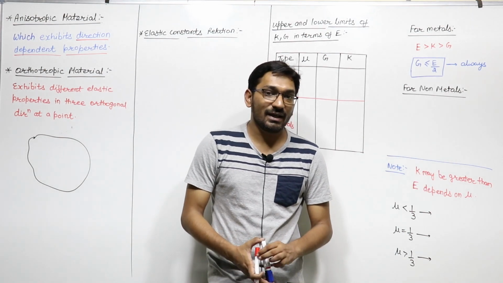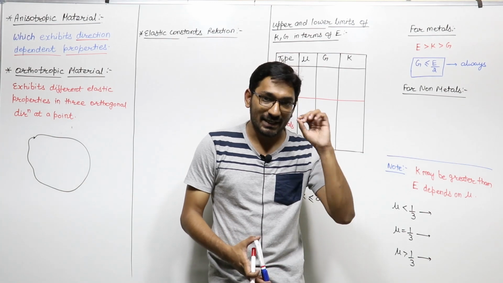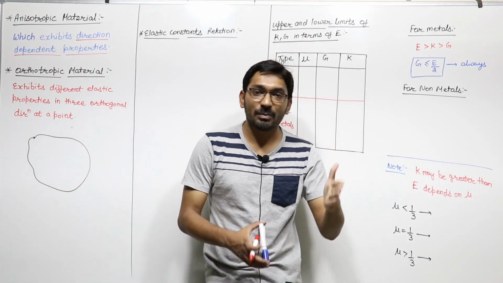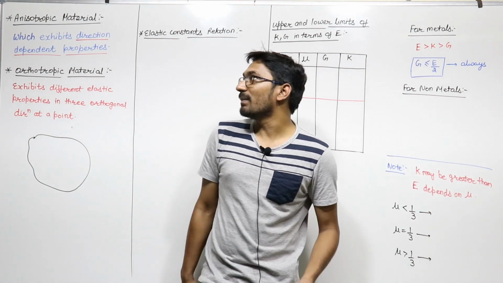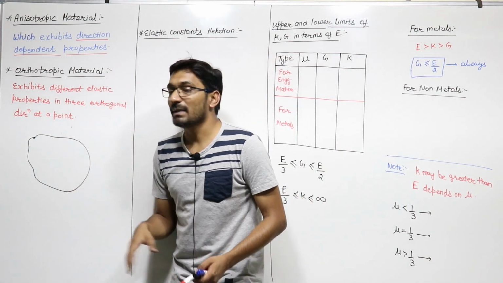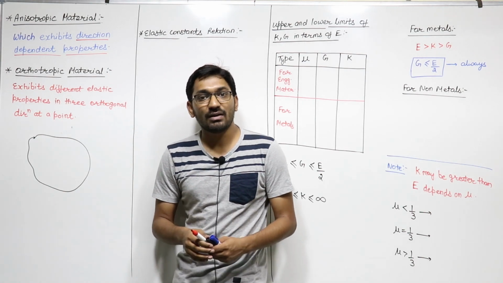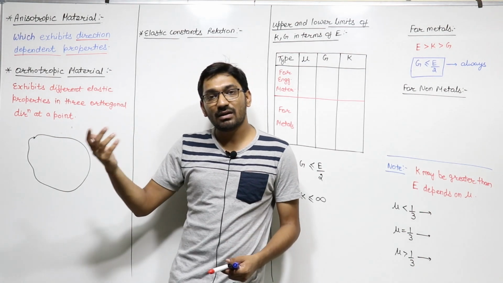So we can say that in isotropic material, at any one point the elastic properties are same in all the directions, but in anisotropic material the properties are dependent upon the directions, and in all the directions the properties are different.